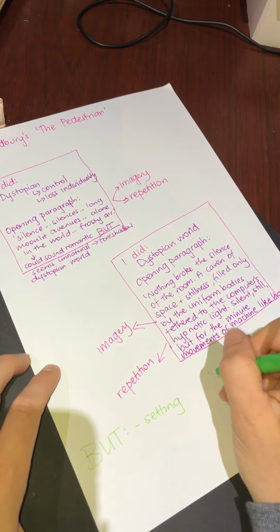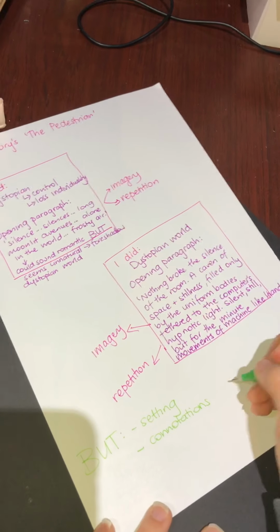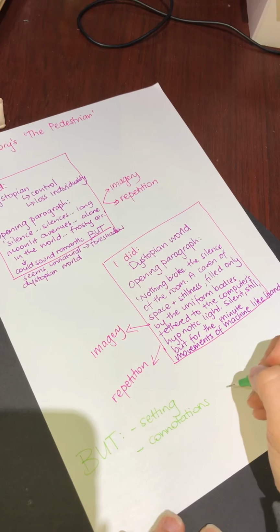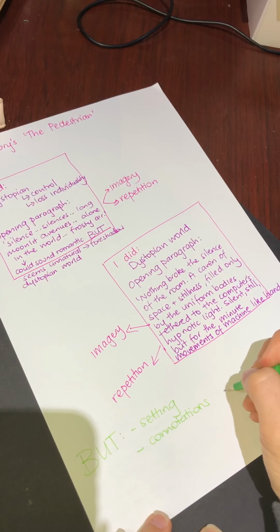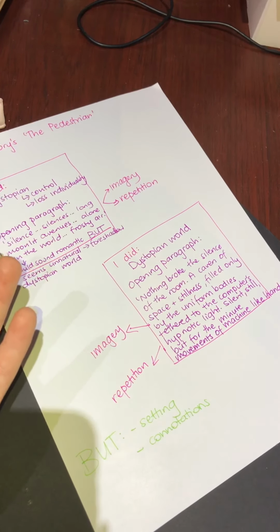Other things that I have done differently, the connotations in my writing are far less ambiguous. In Bradbury's writing, it could be romanticized, but it's up to us to fill in the gaps knowing that it's a dystopian text. For my piece of writing, there's very little room to do that. And perhaps I'm going to argue that the shift in connotations is because I don't believe that the subtleties of Bradbury's writing are necessarily appropriate for a world descending so quickly into an obsession with technology.